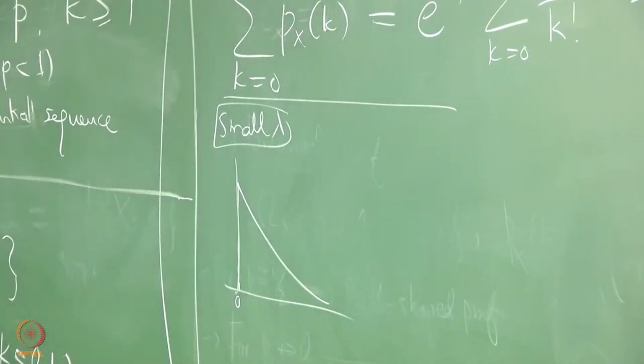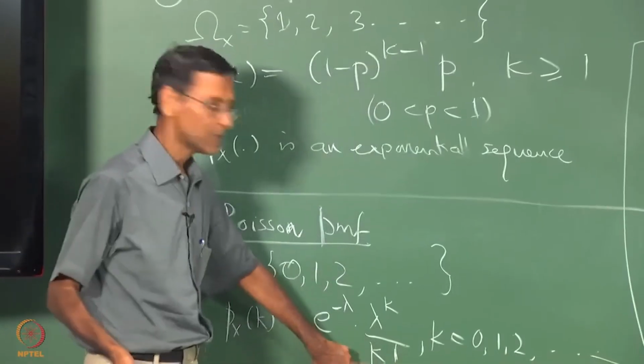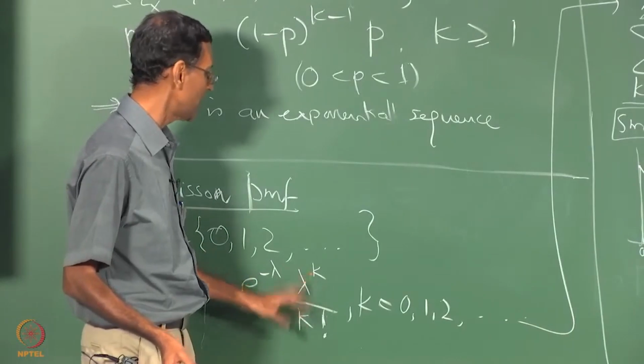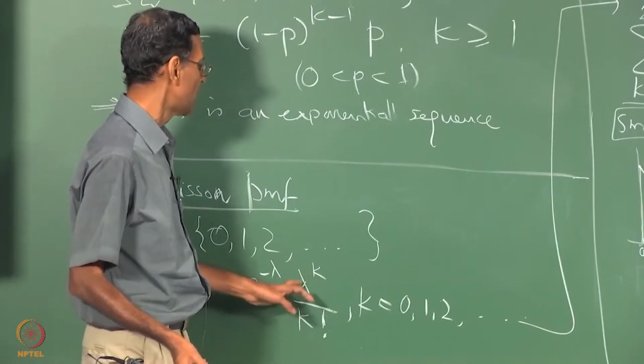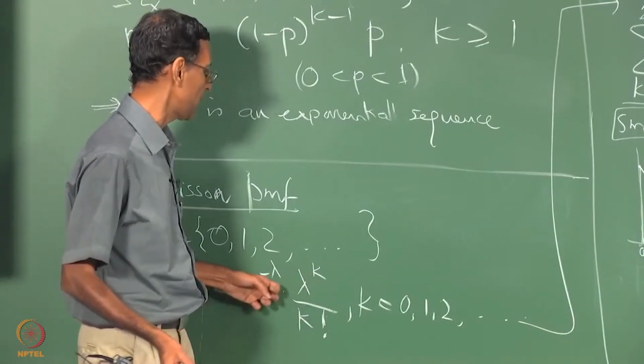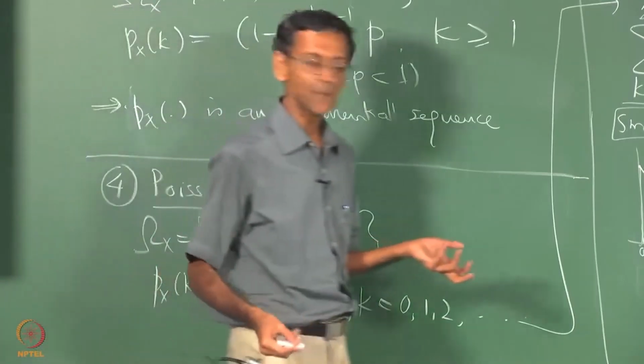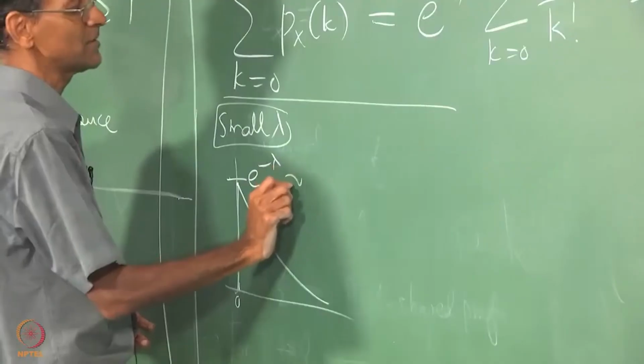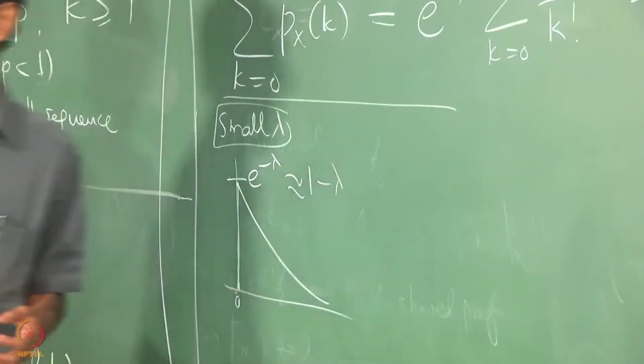Lambda power 0 is always equal to 1, no matter how small you make lambda, and 0 factorial is always 1. So these terms become 1 for k equal to 0, and you have only e power minus lambda. For small lambda, this e power minus lambda is what? You can sometimes replace it by 1 minus lambda.